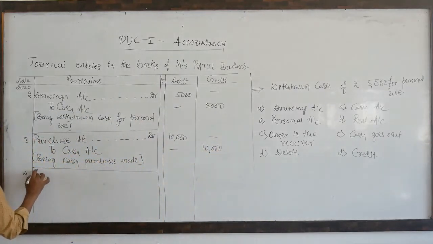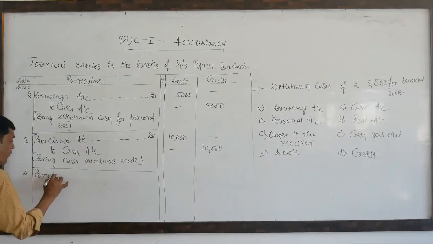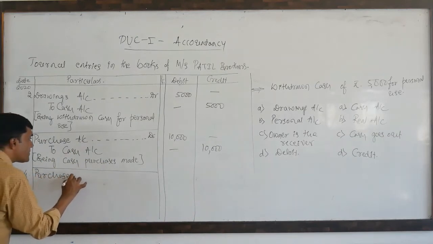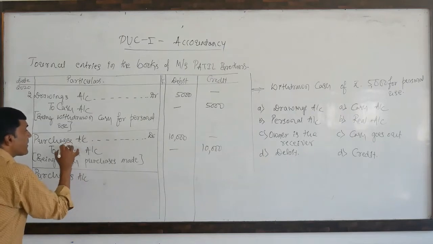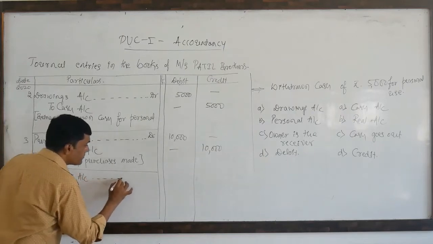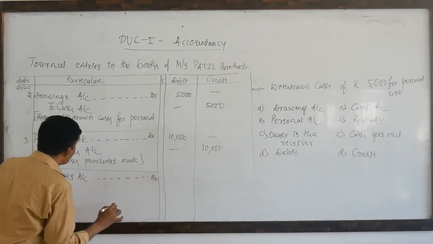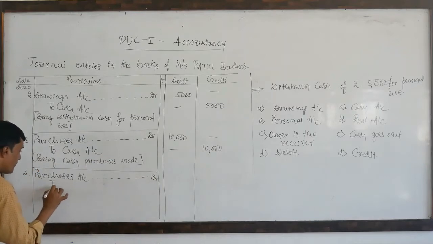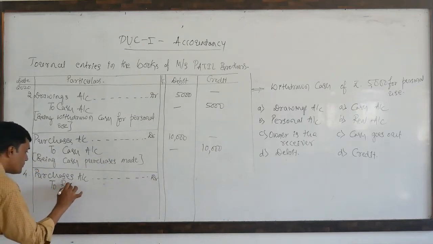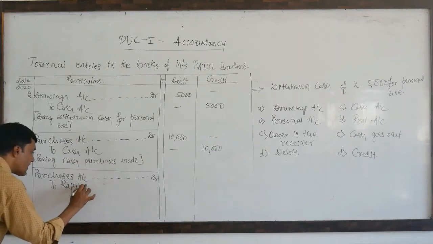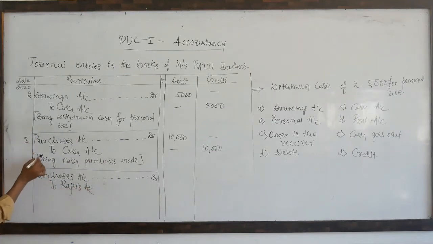It is an expense as per the nominal account. We need to write purchases account debtor to Raju's account.